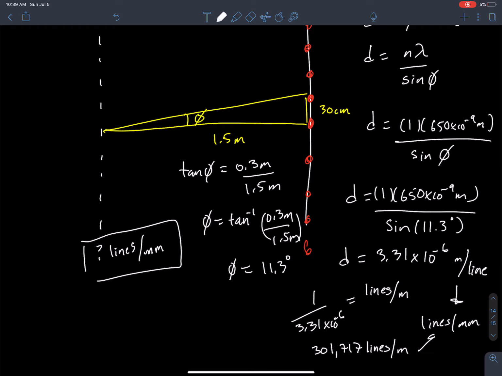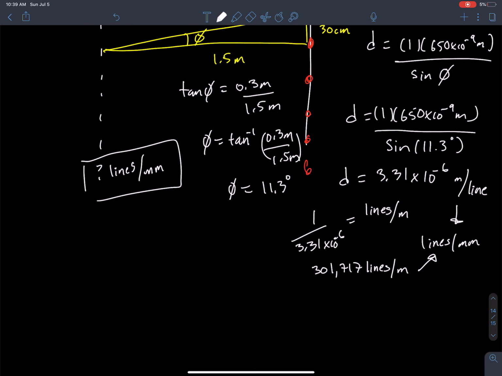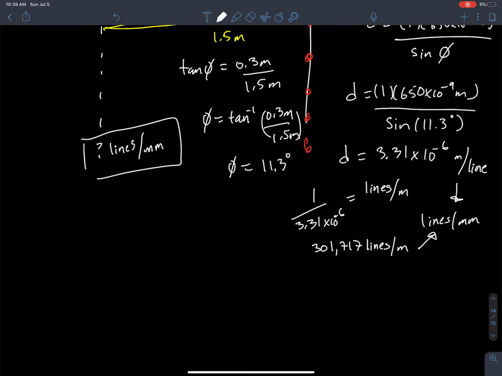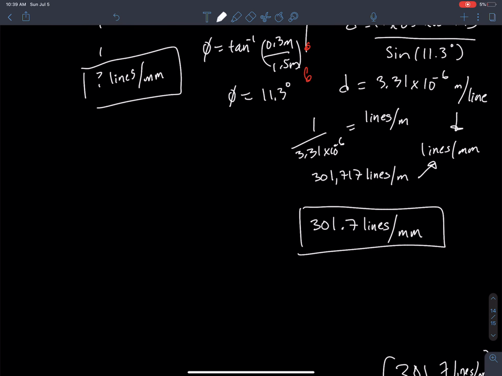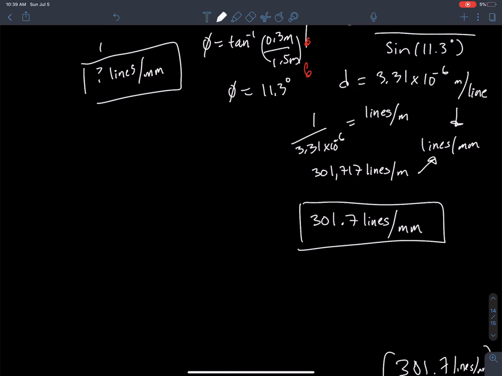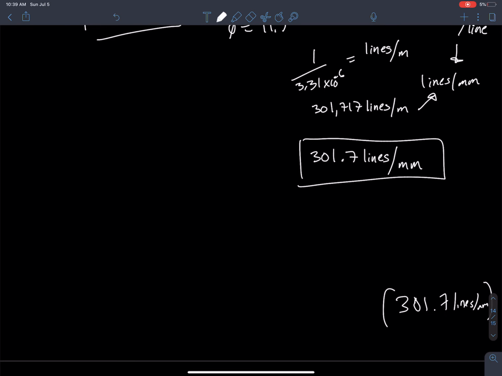So how do I convert that into lines per millimeter? Well, I'd have to divide that by 1,000, since there are 1,000 millimeters in a meter. So if I divide that by 1,000, I will be left with 301.7 lines per millimeter. That's the answer. So I would probably round down and say there are 301 lines per millimeter, and that's exactly what the answer is.